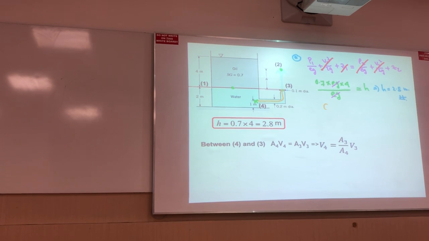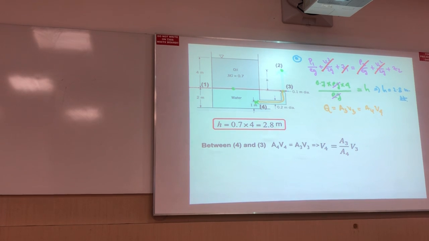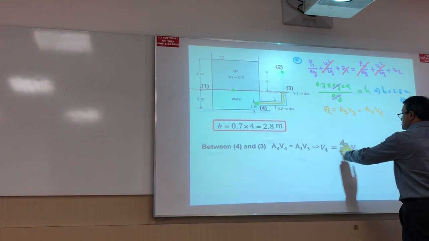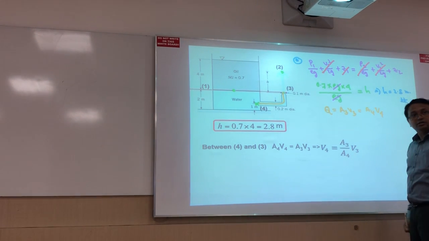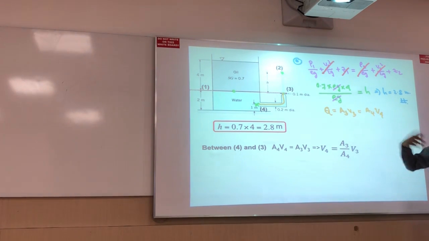So I can write Q is A3 P3, A4 P4, right? Yes or no? Same Q. So I can write V4 becomes A3 by A4 times V3. Correct. No problem. So V4 I can calculate. V3 I can calculate later.